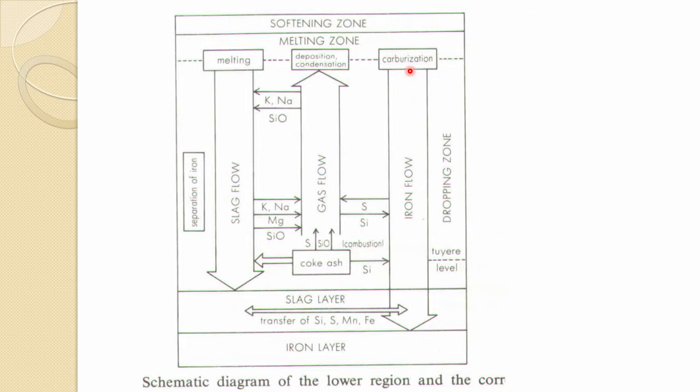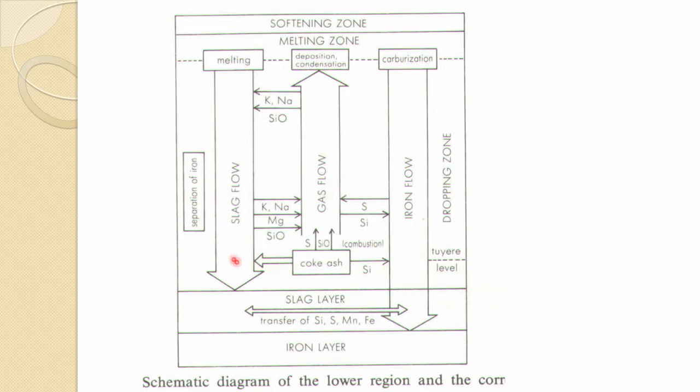At the tuyere level, because the burning of the coke is occurring, from the coke ash we get sulfur and SiO2. Silicon is transferred to iron at the tuyere level, much from this coke, and some silicon is transferred while the iron is descending, but sulfur goes to the gaseous phase.